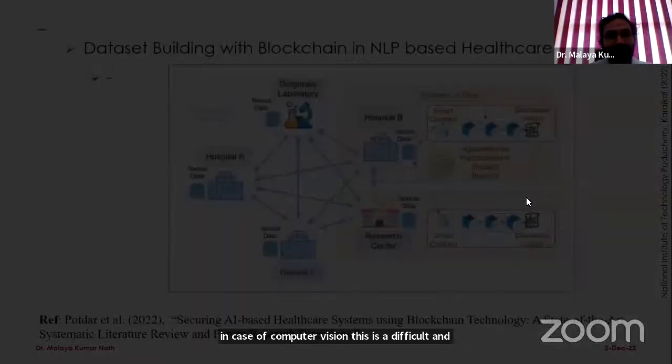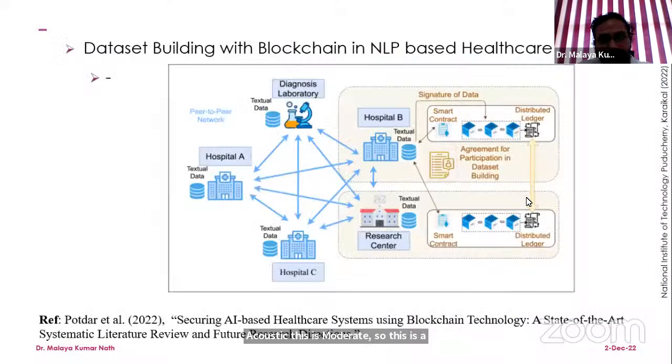So this is the dataset building with blockchain in an NLP-based healthcare system. Already yesterday, Professor Vidyasagar gave some of his research work and showed how blockchain has been implemented for their project. Here, the figure shows the dataset building with blockchain in this natural language processing based healthcare system.